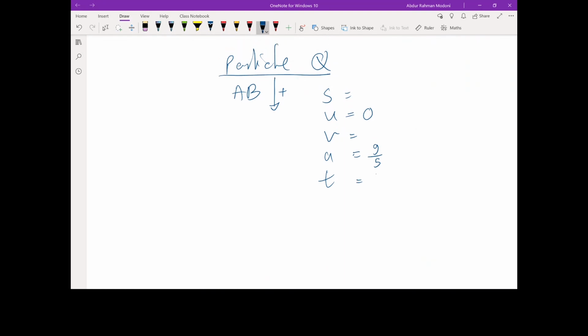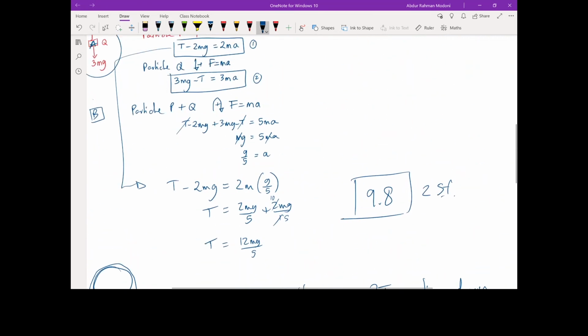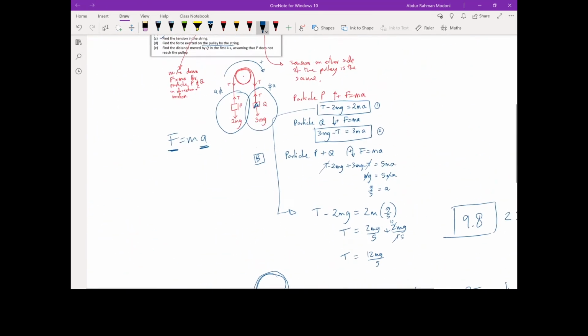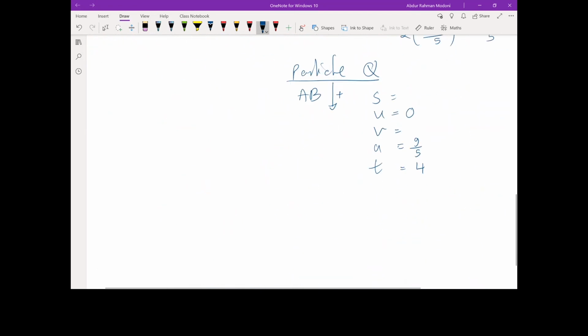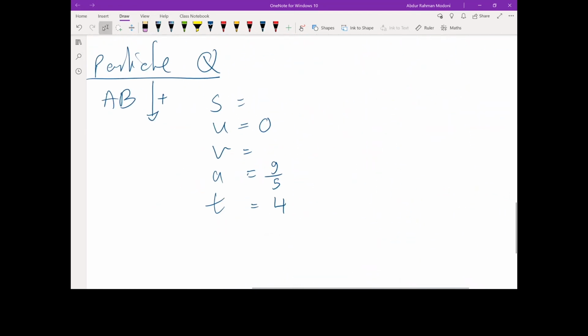How long is it moving for? 4 seconds. The question is asking you to find what? Find the distance, find s. What would we use?